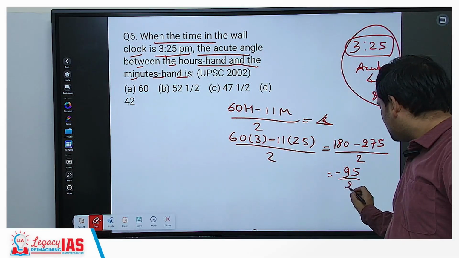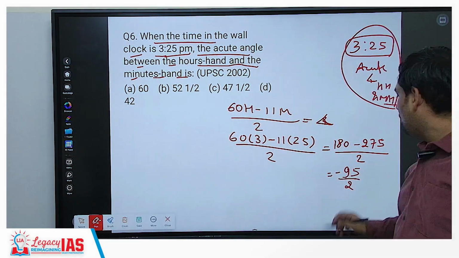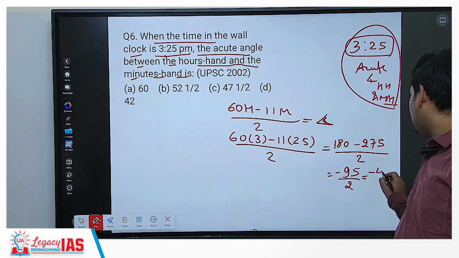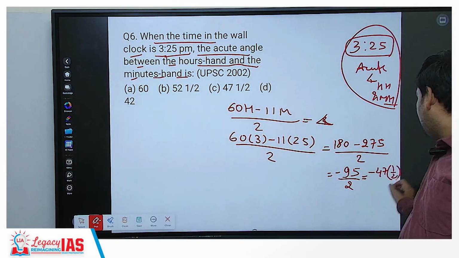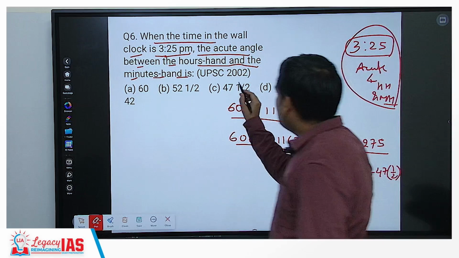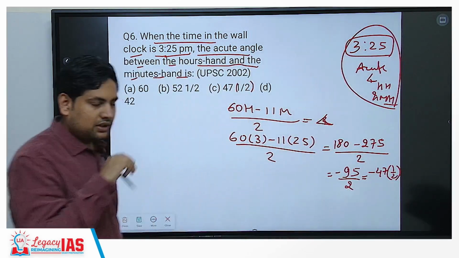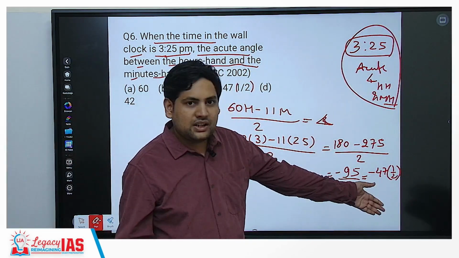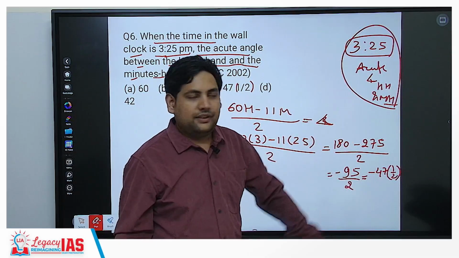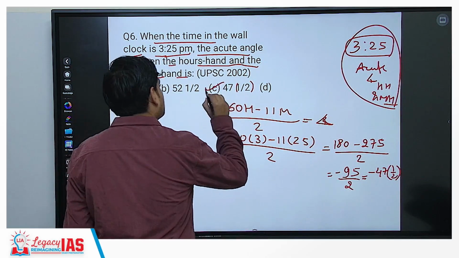So this becomes minus 95 by 2, or minus 47 and a half. Correct? So minus 95 by 2 or minus 47.5 becomes your answer.